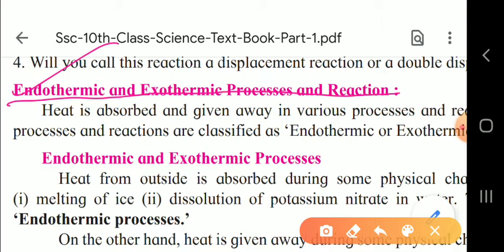Now, children, in the process of dilution of concentrated sulfuric acid with water, a very large amount of heat is liberated. As a result, the water gets evaporated instantaneously. So if water is poured into the concentrated sulfuric acid, that may cause an accident because the concentrated sulfuric acid is very hot.